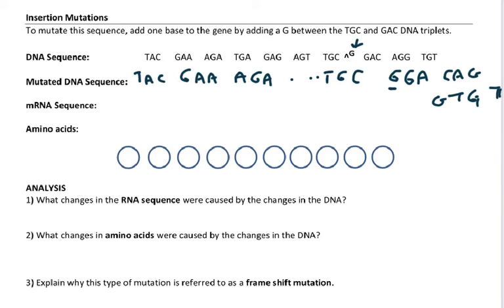Don't worry about that little T. You can ignore it for now. But what you really need to see is that because of this insertion, there has been a shift downstream.